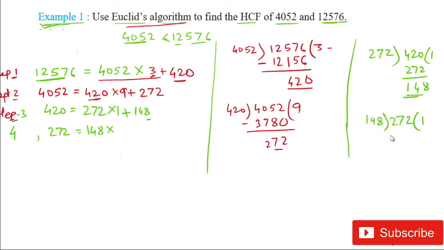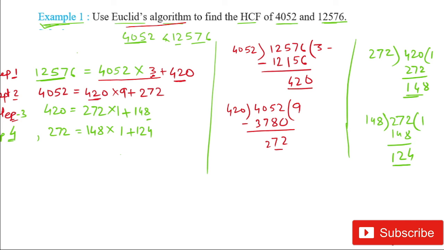It is 1 time 148. Here it will be 12. 12 minus 8 is 4. So here will be 6. 6 minus 4 is 2. 1 minus 1 is 0. 124. So the quotient is 1 plus remainder is 124. This is our step 4.